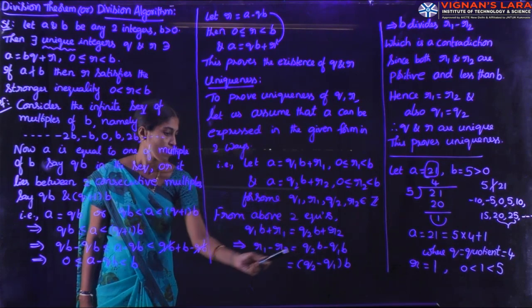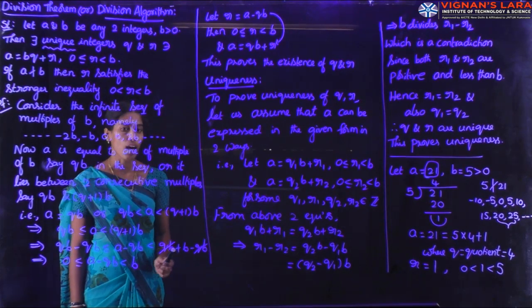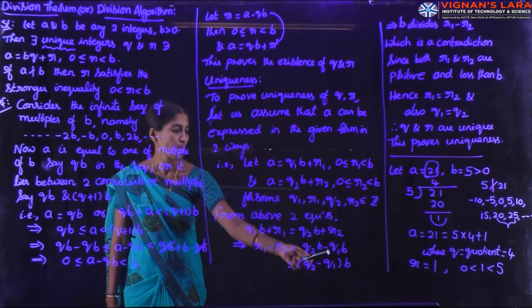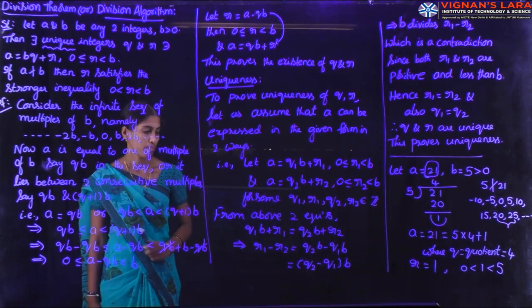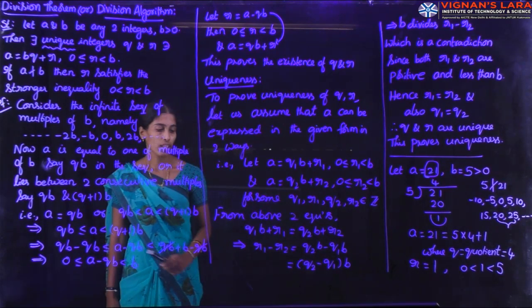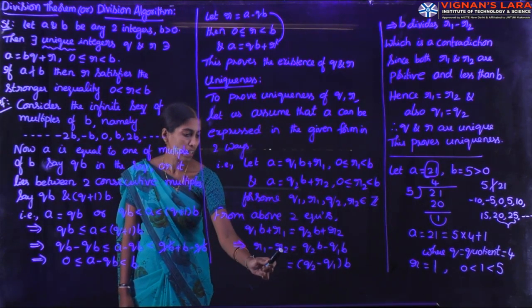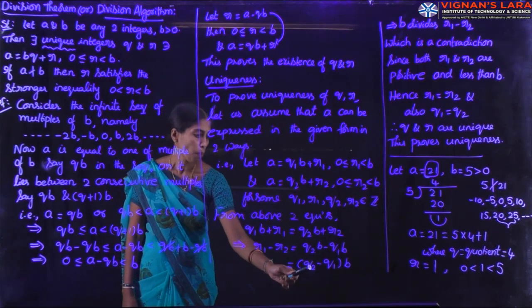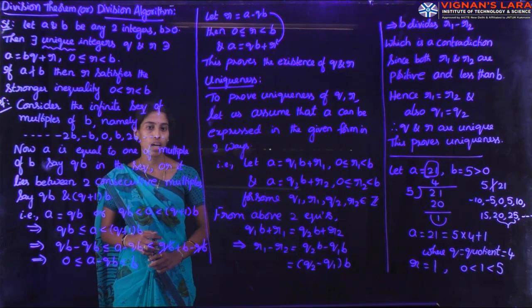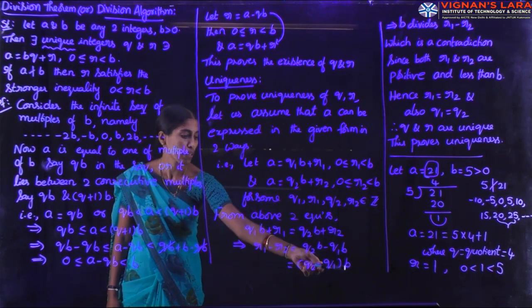Take this plus R to LHS, it becomes R1 minus R2. Take this Q1B to the other side, it becomes minus Q1B. So taking common B, right? If you see here, R1 minus R2 is a multiple of B.